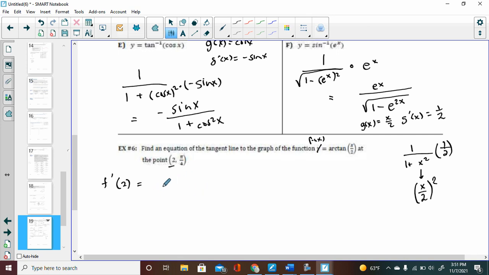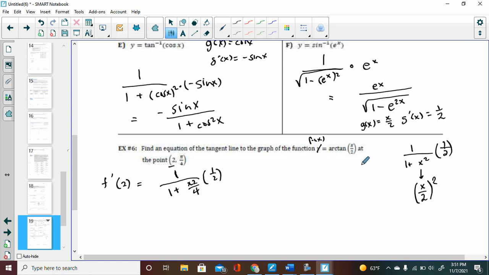So we have 1 times 1/2 over 1 plus x squared over 4.